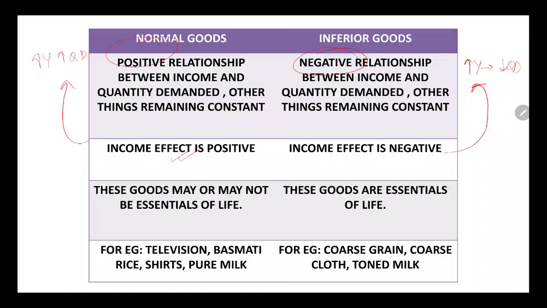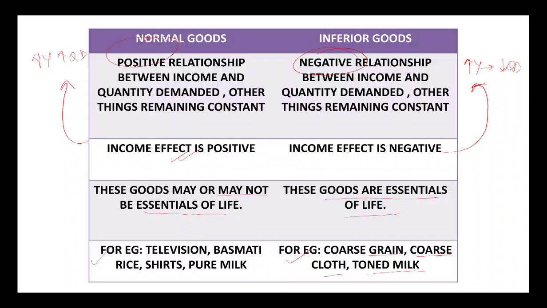These normal goods may or may not be essentials for life. A normal good nowadays can be a television, basmati rice, shirts, pure milk. And what are the inferior goods? Coarse grains, coarse cloth, toned milk. All these could be your inferior goods. There are a lot of varieties in milk also.